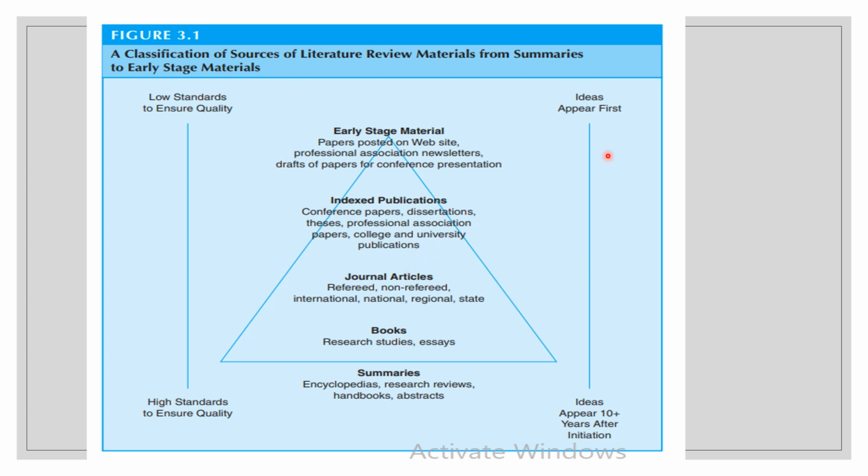For example, you discuss a specific method in teaching writing right now. Then 10 years later, that becomes summaries. It means the collections of similar discussions with your own topic.